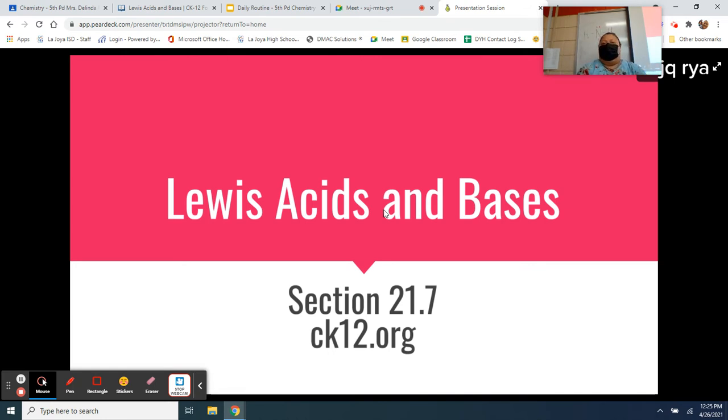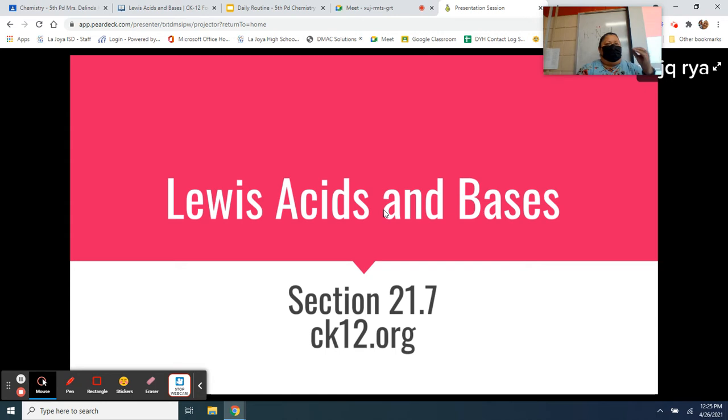When it comes to the Arrhenius acid, it gives up hydrogen. When it comes to the Arrhenius base, it's going to give up hydroxide. Excellent. Now let's get this mind working. What about Bronsted-Lowry acids? What do they donate?